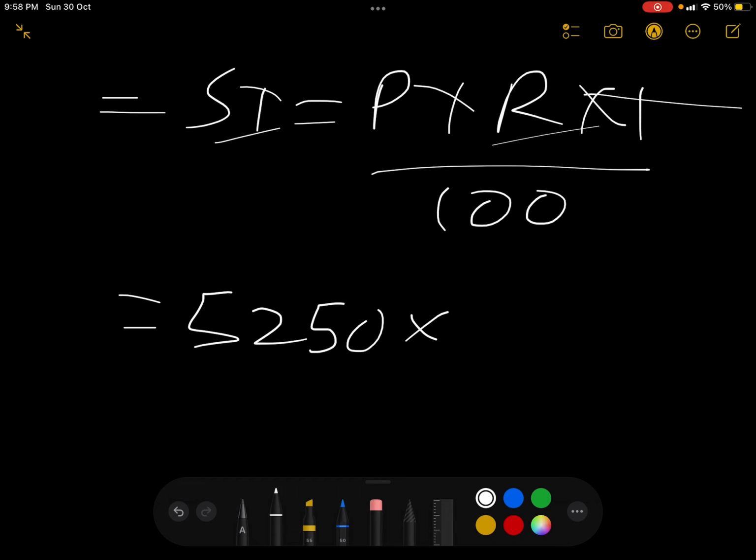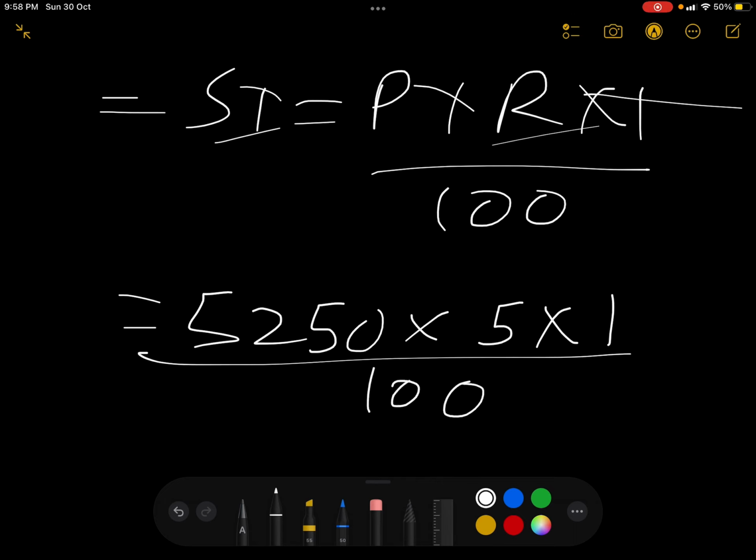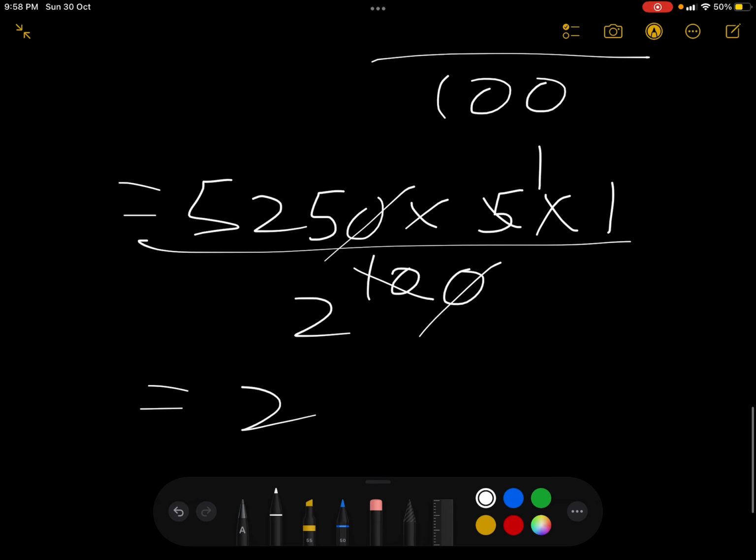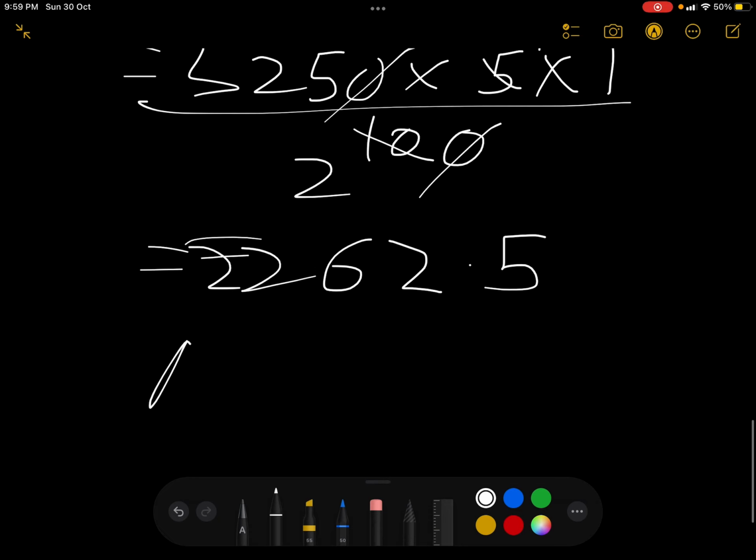Hope that's clear. Now 5%, and then again you will take 1, because this is for the remaining 1 year. Cut out this 0 with this 0. This will be 2 times. 2 times 4, 1, 6 times 2 is 12, 0. There we go. Now we'll calculate the amount.